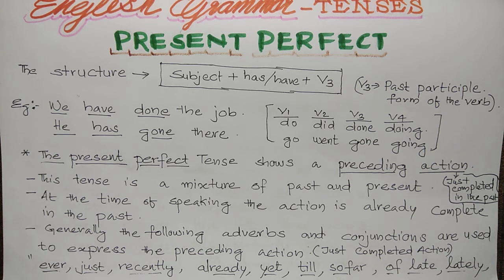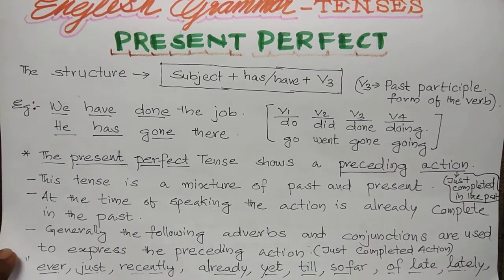I repeat, ever, just, recently, already, yet, till, so far, of late, lately. Whenever in a sentence these words, that is, adverbs or conjunctions, are used, then the sentence should be in the present perfect tense. So we can easily recognize by these words what the tense of the sentence should be.